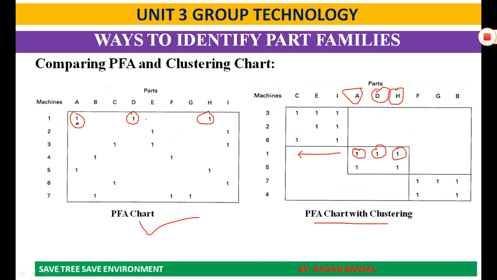This 1 represents yes, the condition is satisfied, that is, part A is used by that machine. The 1 is for yes, and the empty cell represents that the part is not manufactured by that particular machine. So this is the clustering chart which helps to identify part families.